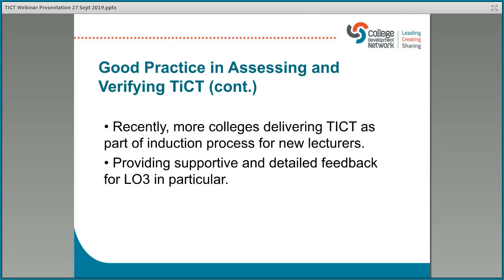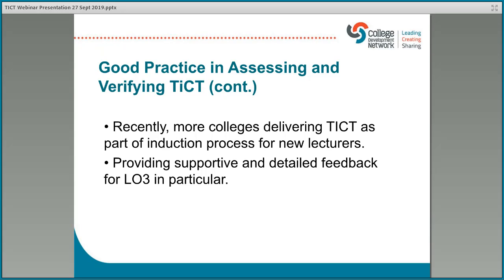Increasingly, we have also noticed that the Teaching Colleges Today unit is being used as part of a larger structured induction programme for many new lecturers within colleges. And this is a great way to support that sort of slightly more generic induction or formal HR-related induction programme.